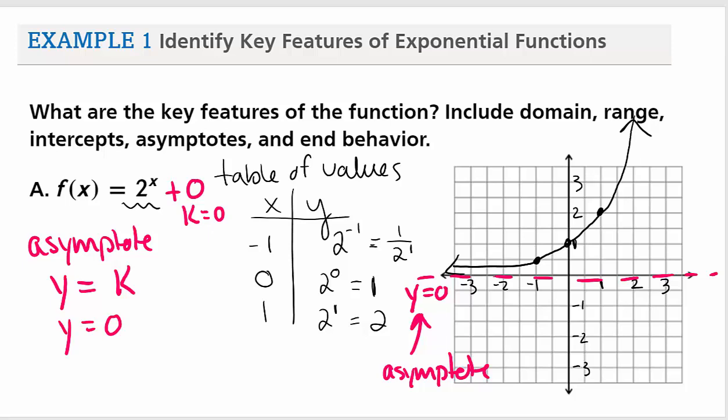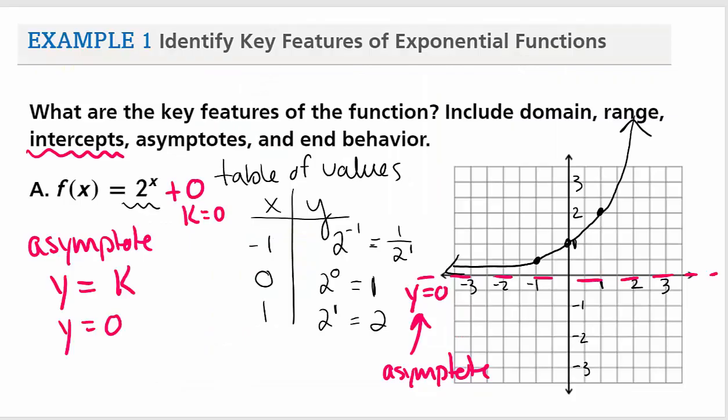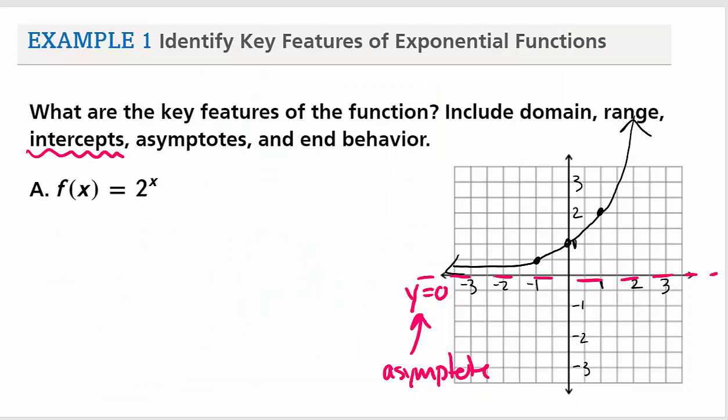The next part is asking for our intercept. So it's asking for our y-intercept because we have an asymptote on our x-intercept. If we go back to our key features, our intercept is (0, a), and a is our vertical dilation. So the important part here is that we can identify what a is.